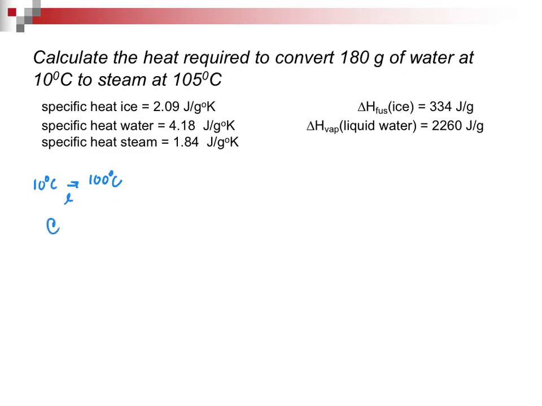Then we're going to be at 100 degrees centigrade. Well, that is the boiling point, and that's where the liquid is going to form a gas. So we have one calculation, a second calculation, and a third calculation is where we're going from 100 degrees centigrade to 105 degrees centigrade. That's where we are in the gas phase.